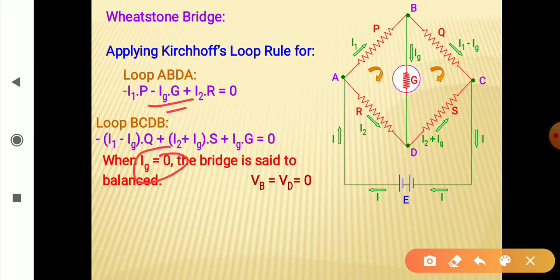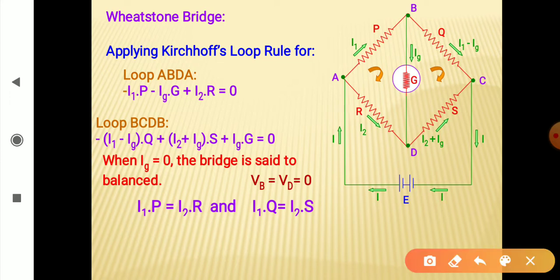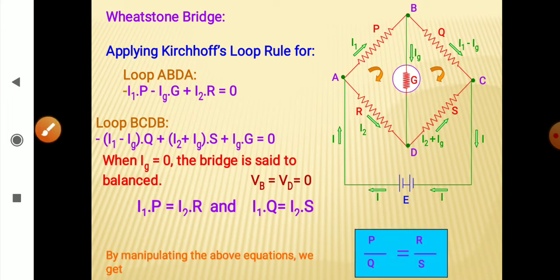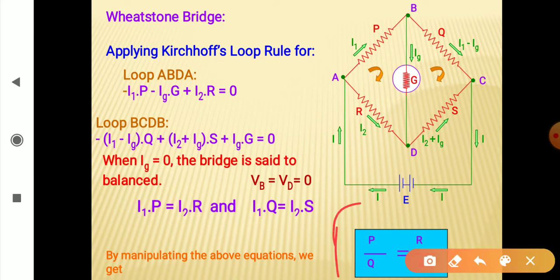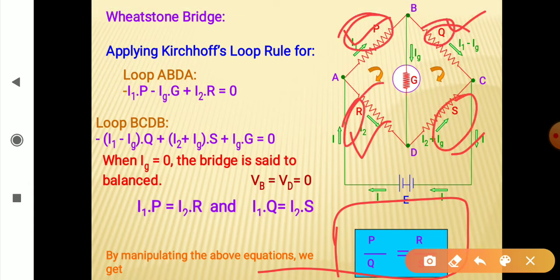So when we put Ig 0 in this equation as well as in this equation, we will get the relations like I1P is equal to I2R and I1Q is equal to I2S, and divide this equation by this equation, you will get this relation as P upon Q is equal to R upon S. That means P upon Q is equal to R upon S. So if we have a Wheatstone bridge where this ratio of these two is equal to these two, then we say that the Wheatstone bridge is balanced and no current will pass through this arm and we can totally neglect it, right?